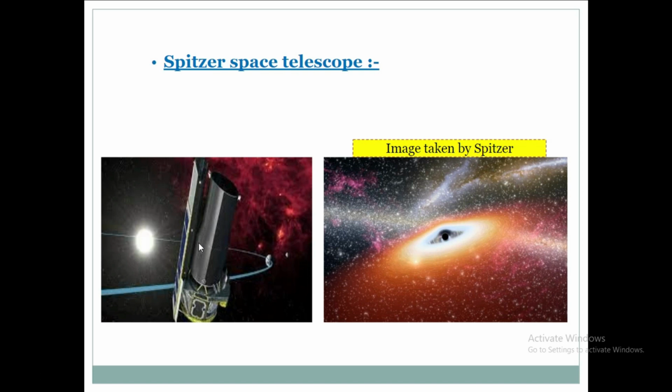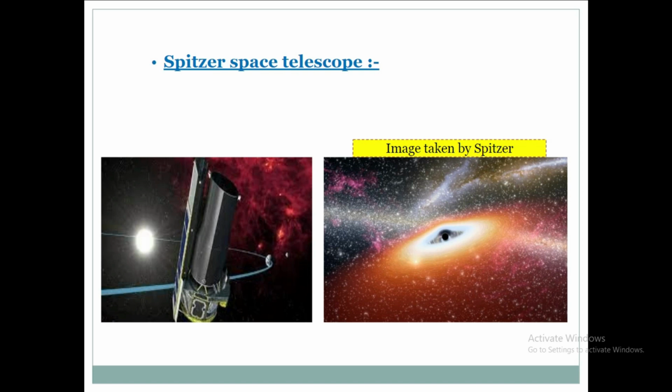Here you can see the image of the Spitzer space telescope, and this is an image taken by this telescope. Hubble can take images mostly in visible light only, but Spitzer can take images in infrared also. It gave us evidence of hot Jupiters also.